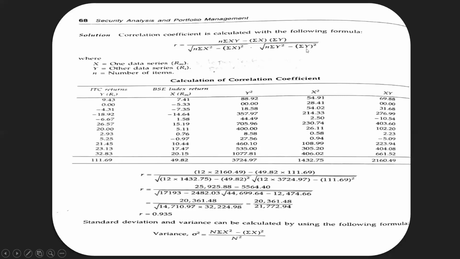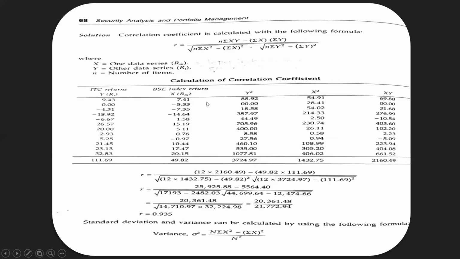To calculate the sigma y square, we have squared all the values in the first column. 9.543 square will give you 88.92. Second is 0. Third, 4.31 square will give you 18.58. Likewise, you have squared all the values and calculated the total, which will give you the sigma y square. Now, the fourth column is to calculate the sigma x square.